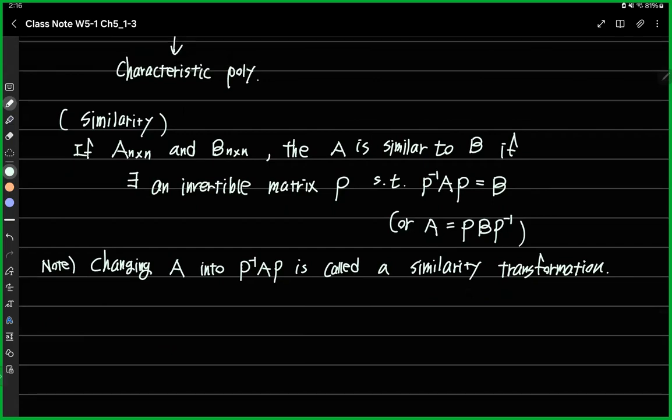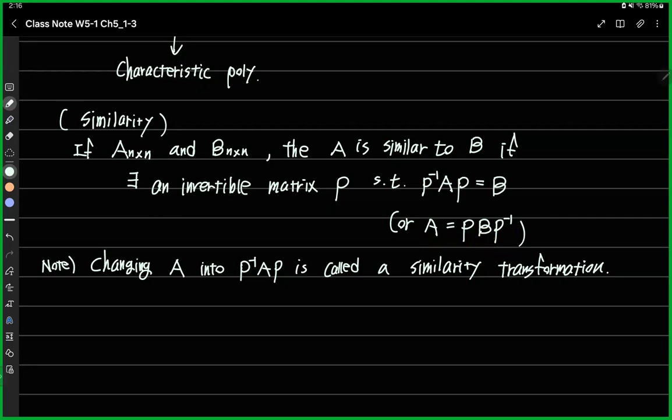Because eventually we want to express matrix A as an invertible matrix P times a diagonal matrix times the inverse matrix P, so that we can easily figure out the eigenvalues. Once B is a diagonal matrix, what's the eigenvalue of A? The diagonal entries of that diagonal matrix. That's why we need that concept.